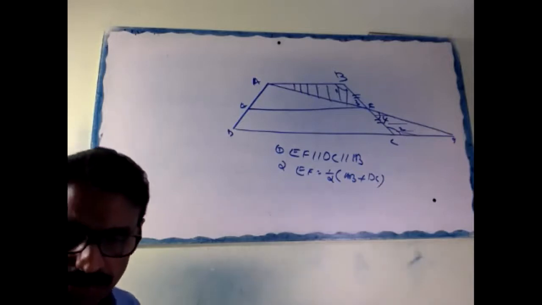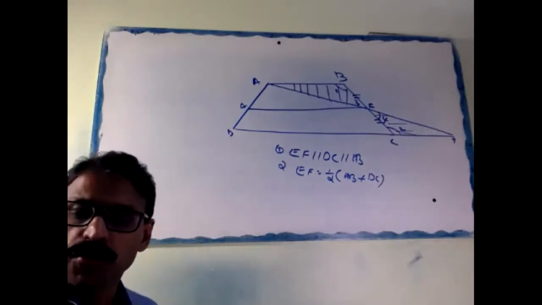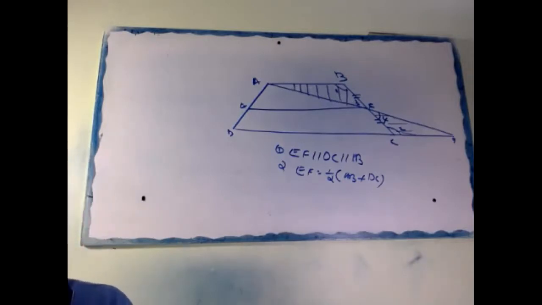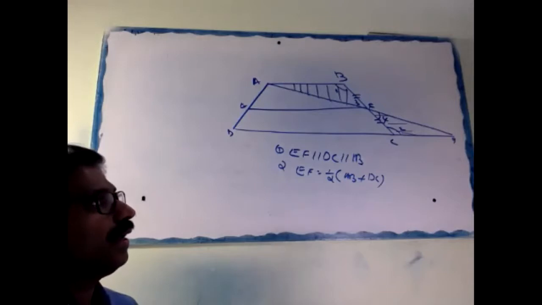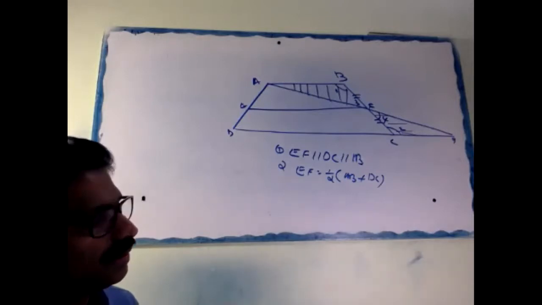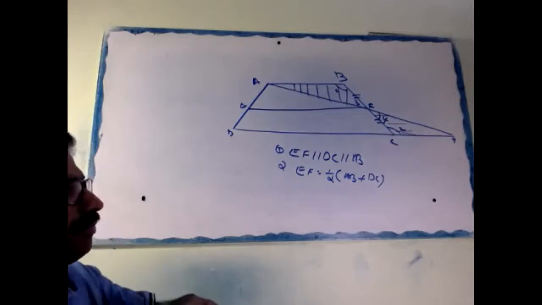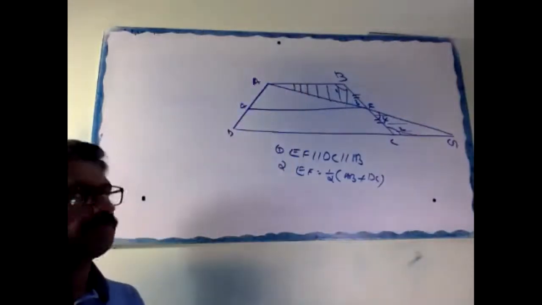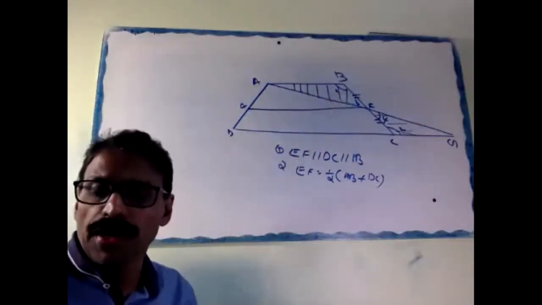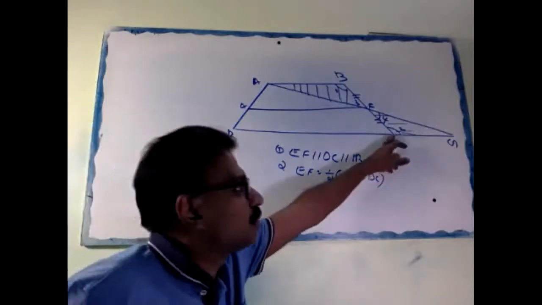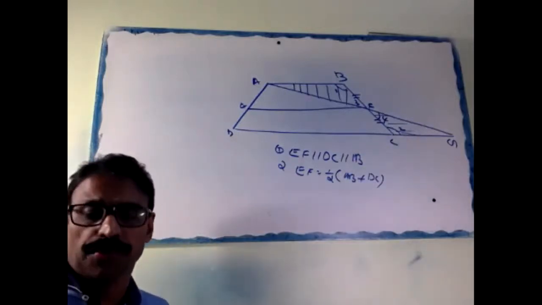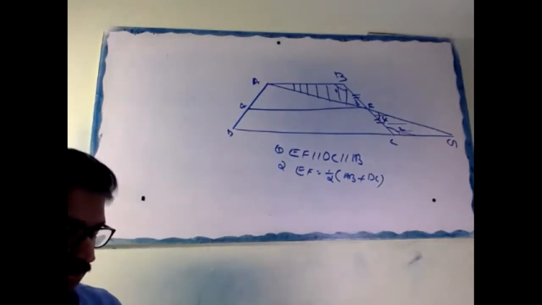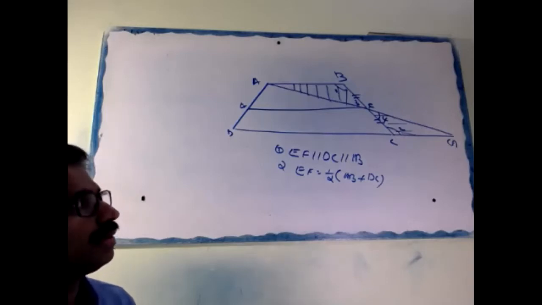Now you write the proof, then I'll explain. In triangles ABF and GCF, mark angle 1 and angle 2. Angle 1 equal to angle 2, alternate angles.